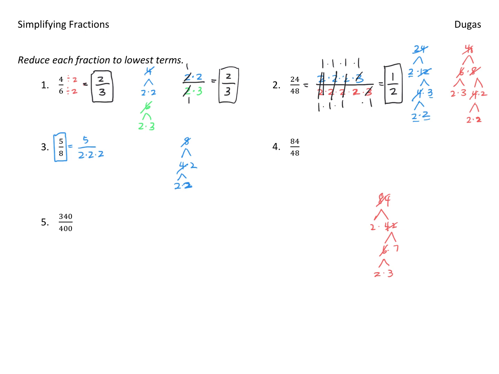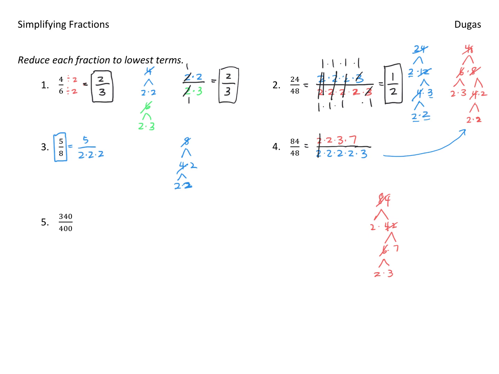So 84 is 2 times 2 times 3 times 7. Okay, now we want to look at the 48. We actually already did 48 over here. So I know that that's 4 2s and a 3.